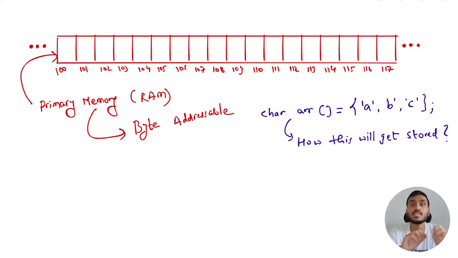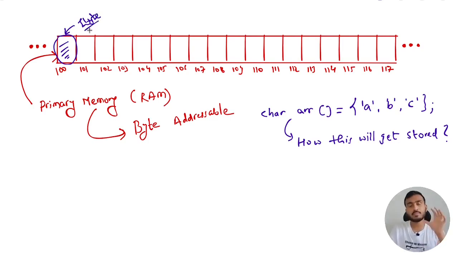Now I'll tell you why. Let's assume this red one is our primary memory, and this single box is one place of that memory. This one box represents one place in the memory, and this place is basically one byte.